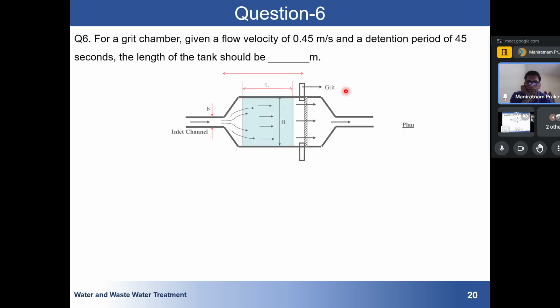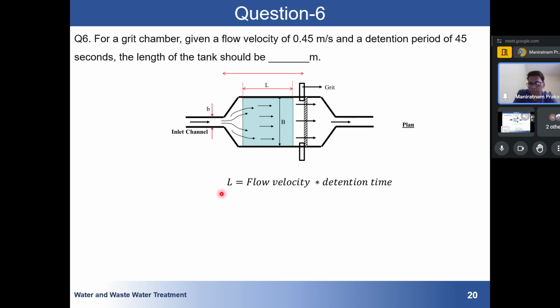Okay, so this was our grit chamber. Water was coming from this side, going through it and crossing. It was staying there for some time, and it was moving at velocity v for length L. So this was a very simple question.